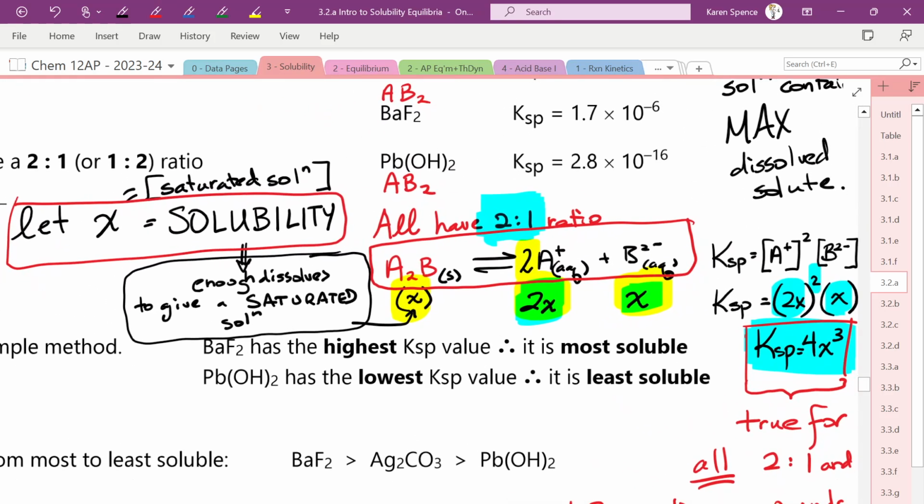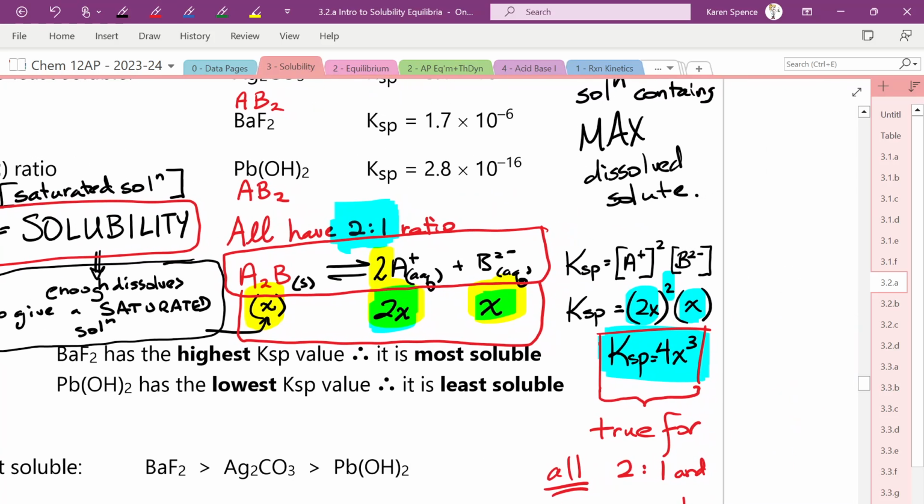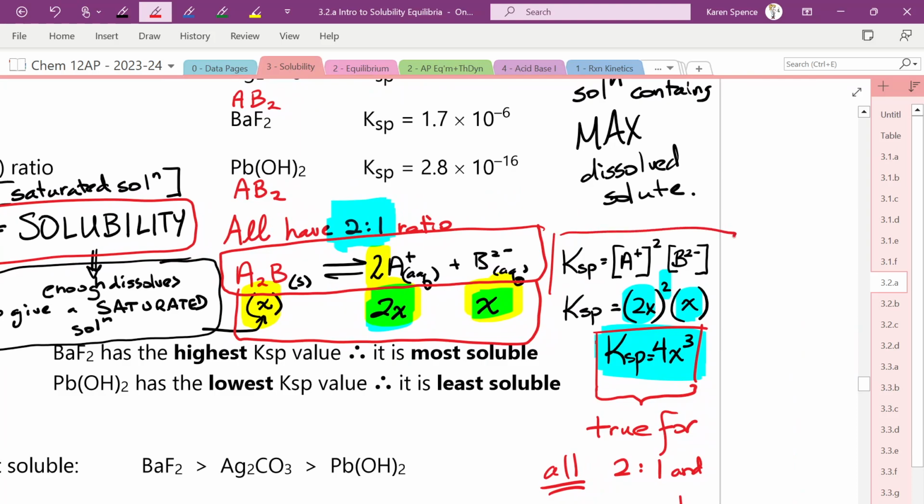Okay. So if it is a written response question, you must write the solubility equilibrium equation. You must write let X equal solubility, and then show this little thing underneath, so you know you've got a 2X to X ratio. You must write the KSP expression, plug in the 2X and the X, and get the 4X cubed.